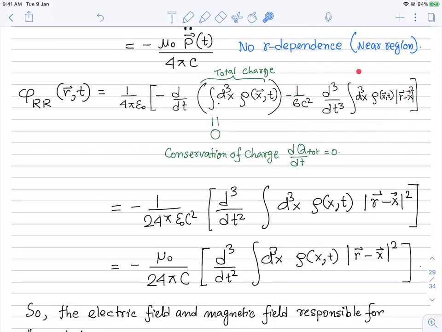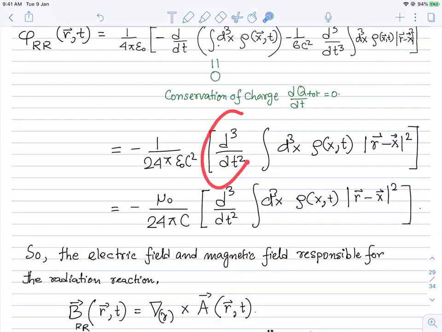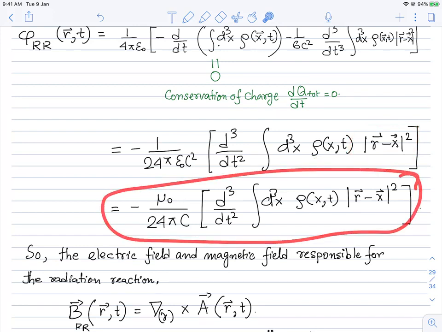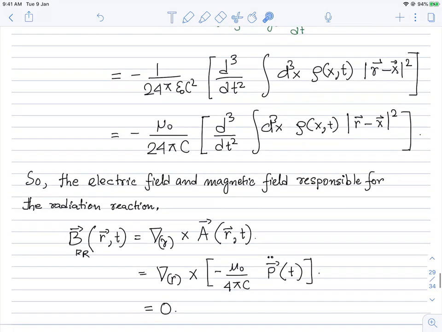That's why I went up to the third order, because this term was 0. Had this been non-zero, I would have just stopped here. So now this term is the third time derivative of rho times r minus x, the whole thing squared, this distance squared. So this is the result. Let's keep it here. This is the retarded potential, the radiation, which is responsible for radiation reaction.